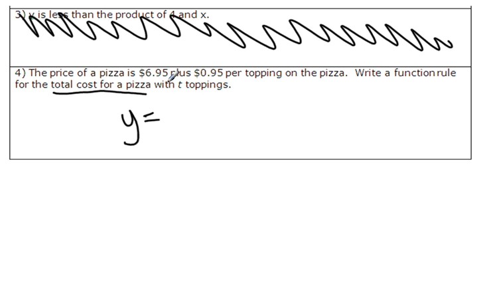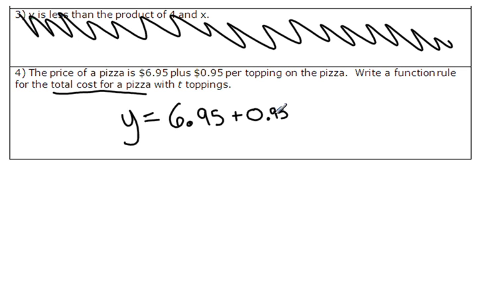So no matter what, the pizza that you're ordering costs $6.95. That's my starting amount. But if you add toppings, the price of your pizza is going to increase. So you get charged $6.95 plus 95 cents per topping.